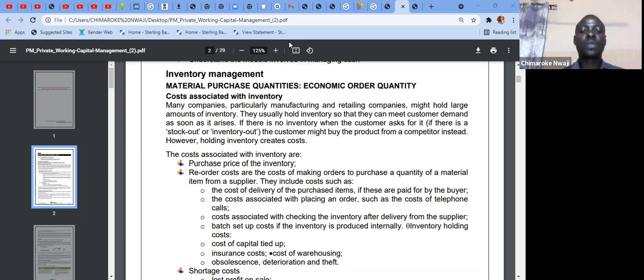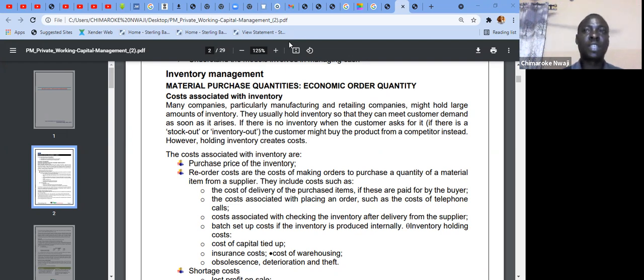Then we have inventory holding costs: cost of capital tied up, insurance costs. So you need to insure your goods, and then there is the cost of warehousing. Then if there is theft, obsolescence or deterioration. Obsolescence means that perhaps the product has expired.